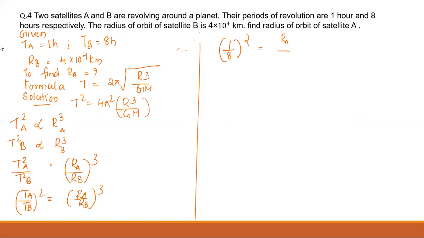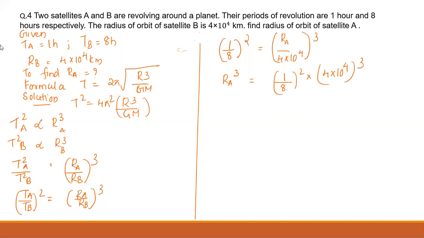RB is 4 into 10 raised to 4, the whole cube. So on cross multiplying, RA cube is equal to 1 upon 8 square into 4 into 10 raised to 4, the whole cube will come.